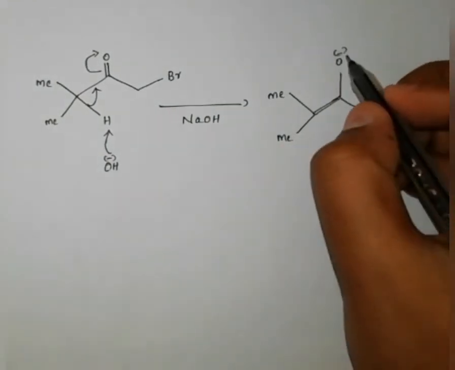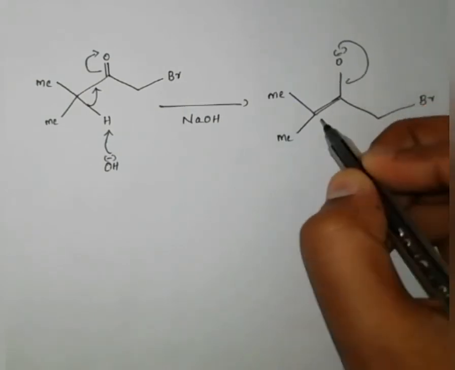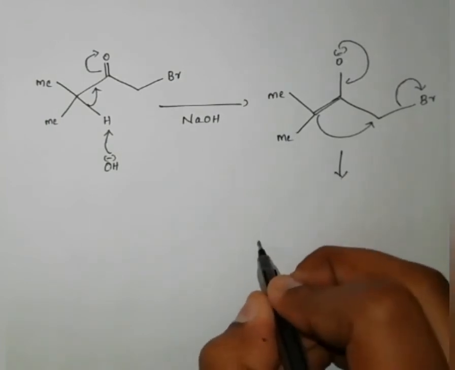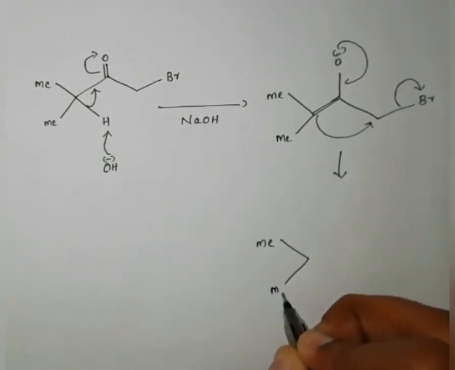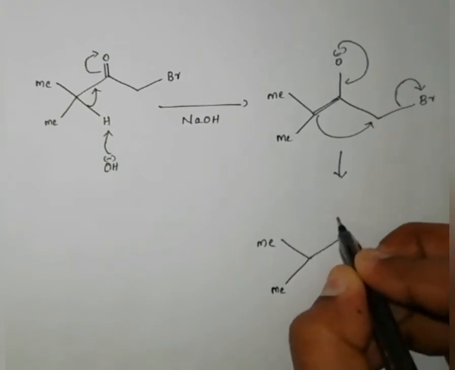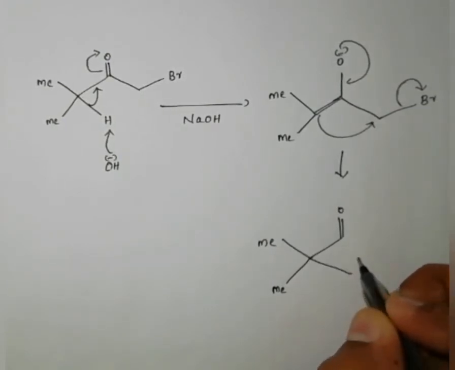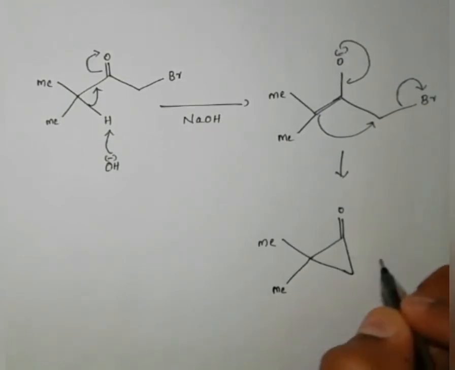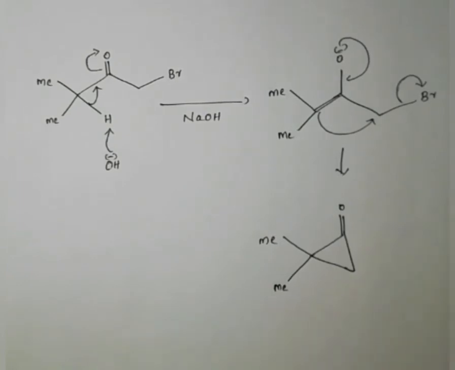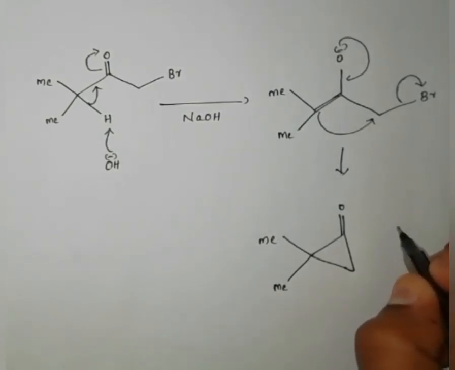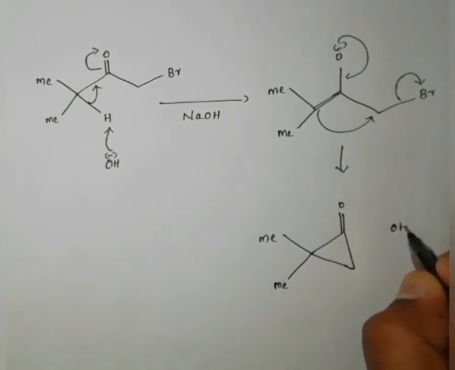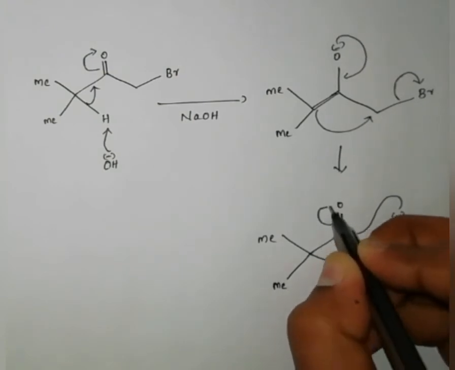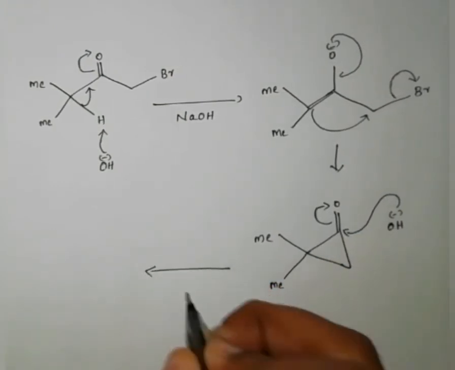Okay, this is the enolate formation. When this comes back, this is the shift that occurs, and this becomes methyl. This is the cyclopropanone intermediate that is formed, and again the nucleophile approaches and attacks the carbonyl carbon, and this bond shifts to this side.